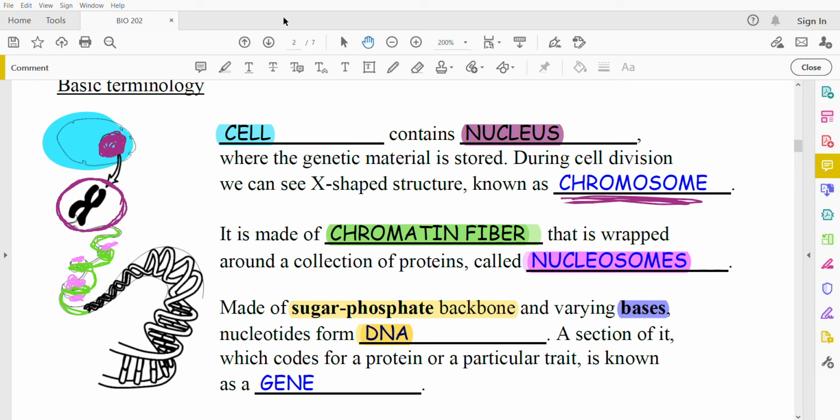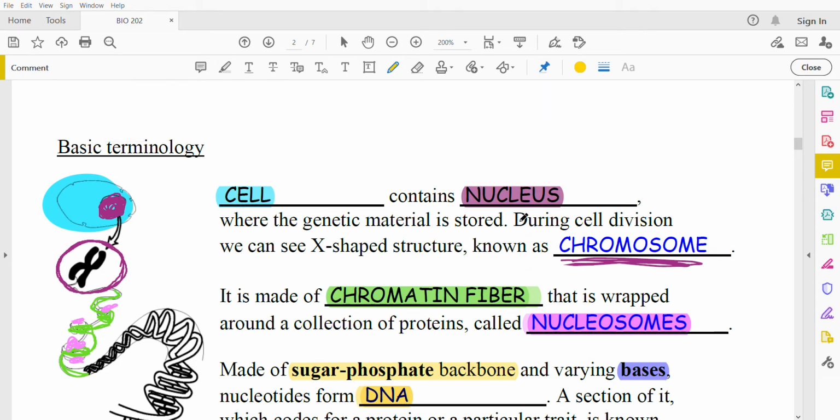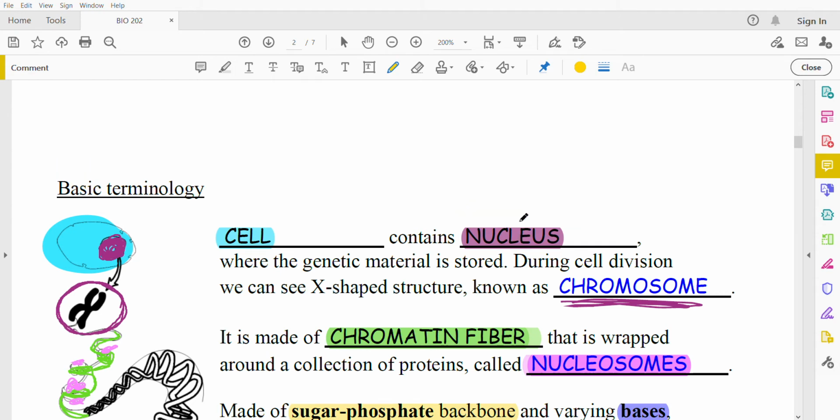If we look at the structure of a single nucleotide, an element of the DNA, I'm just scrolling up to make some space for myself, we notice that it is made of a sugar and a phosphate group. And these are repeated time after time when we form the DNA strand.